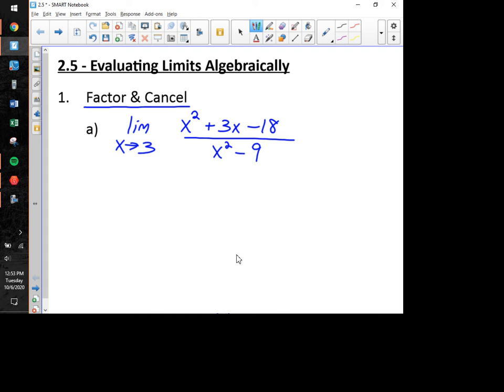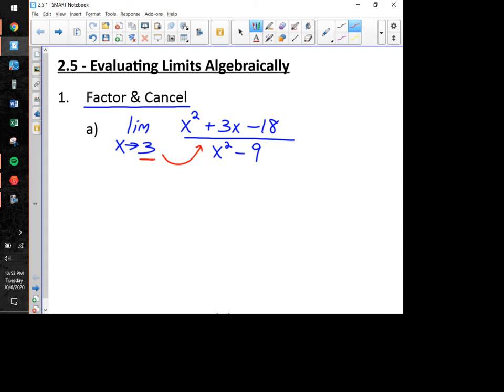What tends to happen is that in 99% of the limit problems that we are asked to evaluate, we're trying to take the limit as x approaches a certain value in its domain, which we normally would call a, and in this example we're going to do in just a second, that a value is 3. And what almost always happens is that when you try direct substitution, when you plug that a value into the function itself, not surprisingly, we end up with a problem.